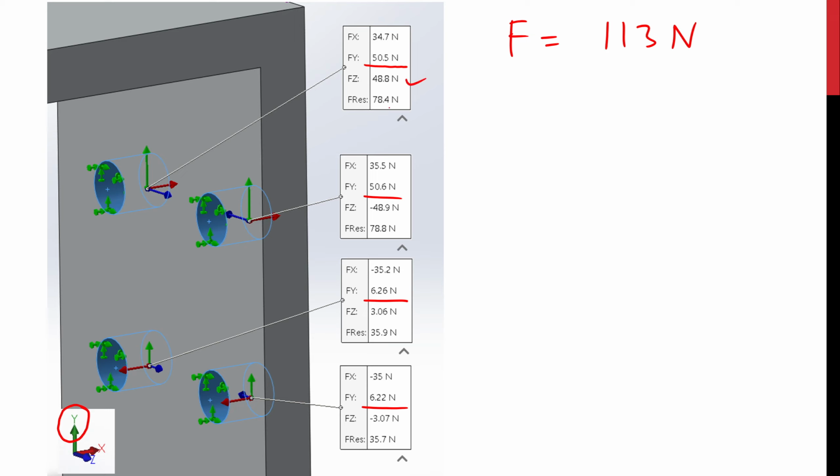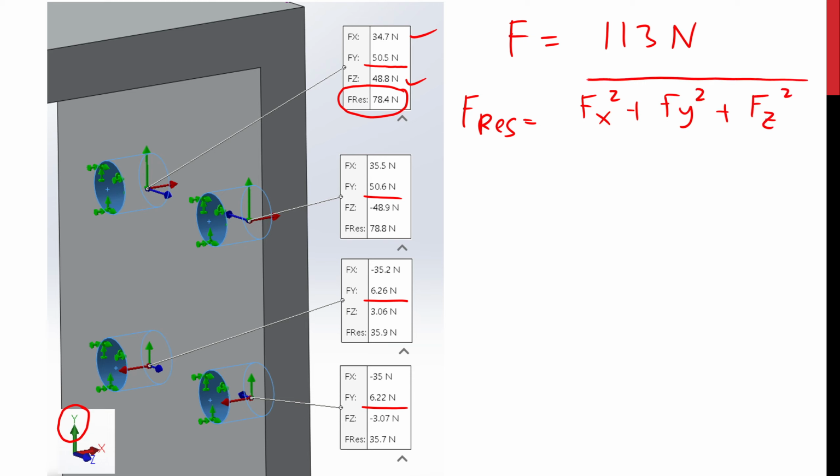X. X is that direction. 34. And of course you've got this resultant. So resultant will be the combination of all these forces. F resultant should be the square root of fx squared plus fy squared plus fz squared. So you can get the resultant, total.